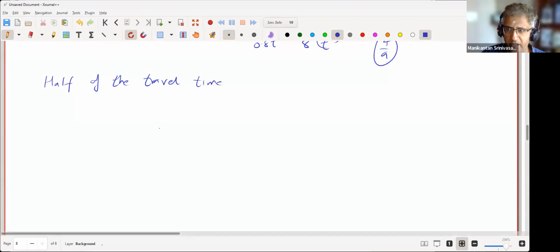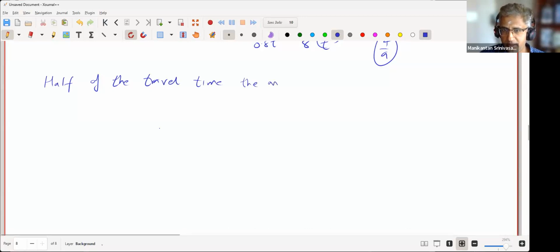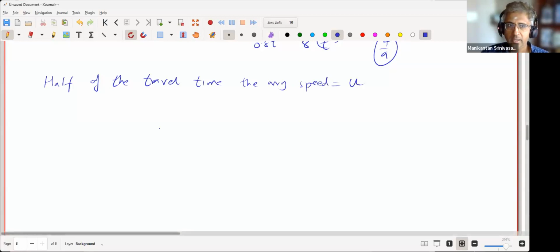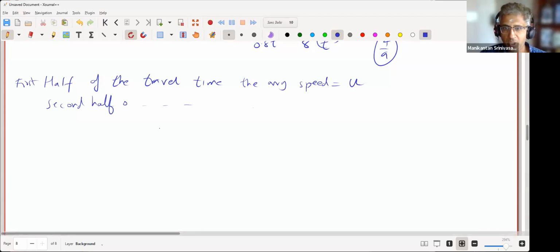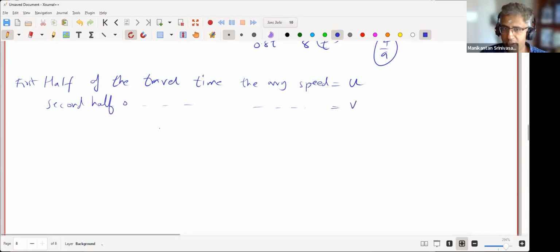Half of the travel time, the average speed was U. Second half. So first half of the travel time, the average speed was U. The second half of the travel time, the average speed was V. Okay, this question is clear.